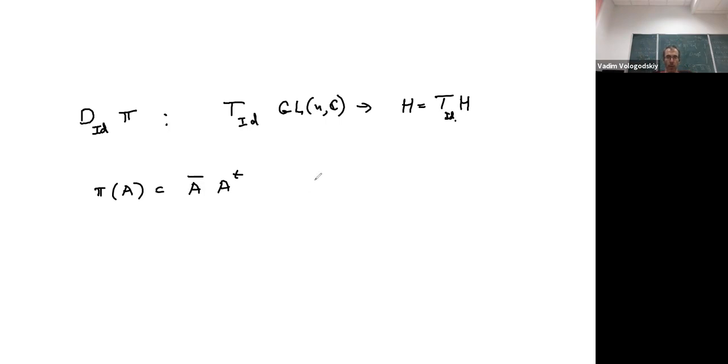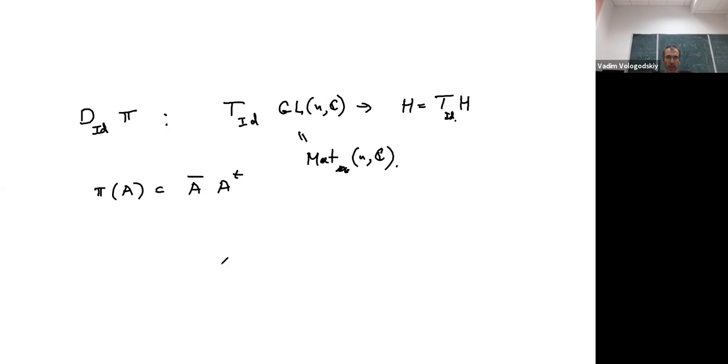Good. So let's compute this. Any tangent vector, this space can also be identified with matrices, because it's an open subset of the space of matrices. How does this identification work?